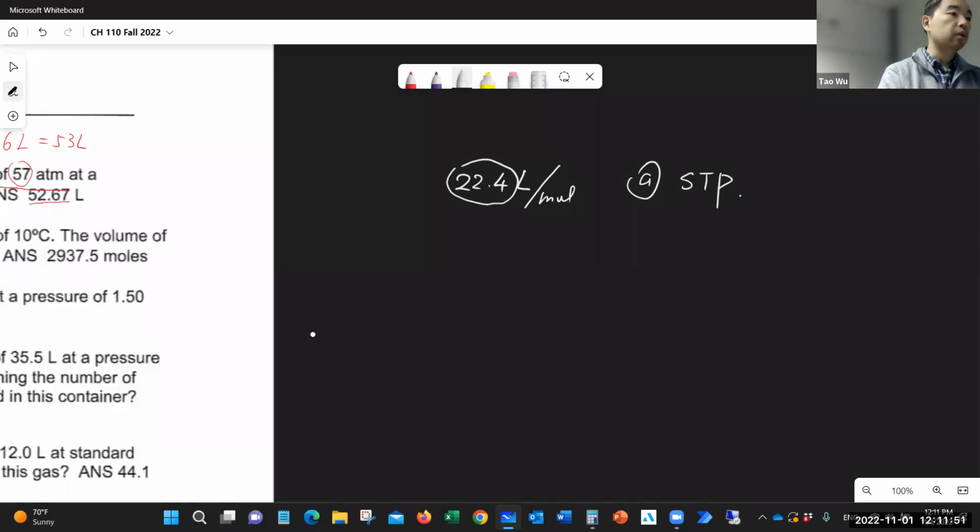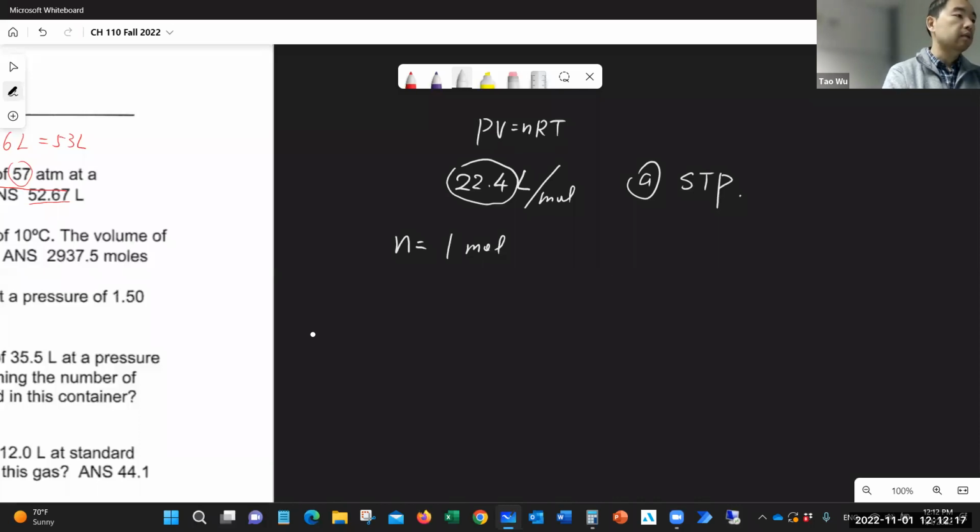Remember, in this condition, what do we have? We know the moles of gas here is 1 mole, right? We're talking about how much volume 1 mole of gas occupies. So let's see whether, based on the ideal gas law PV equals nRT, we can figure out the volume of the gas. Now the moles of gas is 1 mole.